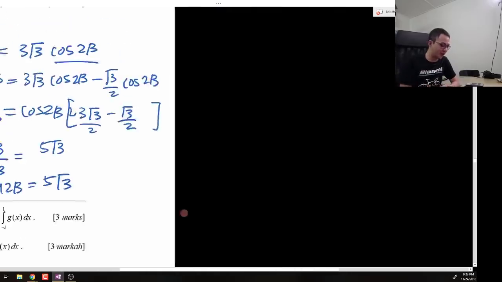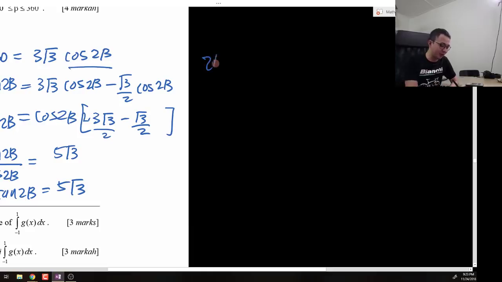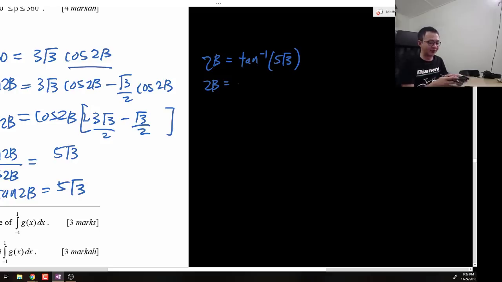So I'm going to move the tangent to the other side, inverse tangent, 5 root 3. For 2 beta, I will find all the angles up to 720. So shift tangent in degree, shift tangent 5 root 3.